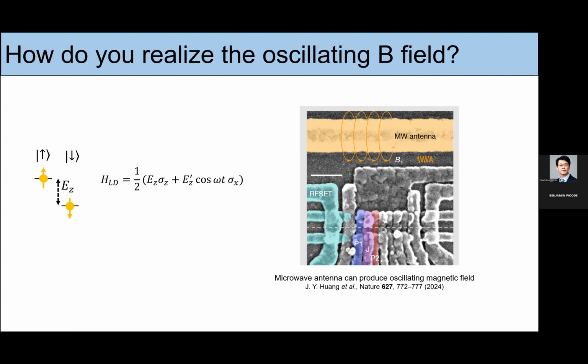And if you're trying to selectively drive individual qubits, that makes it difficult, right? Because they're all feeling the same oscillating magnetic field. And so that's one difficulty that you have to deal with. And secondly, this produces quite a small magnetic field, and so that correspondingly limits the Rabi oscillations. So this is not, I would say, the main way that people do this for most spin qubit schemes.